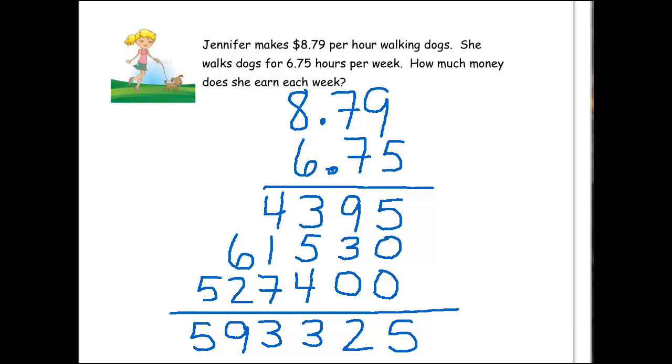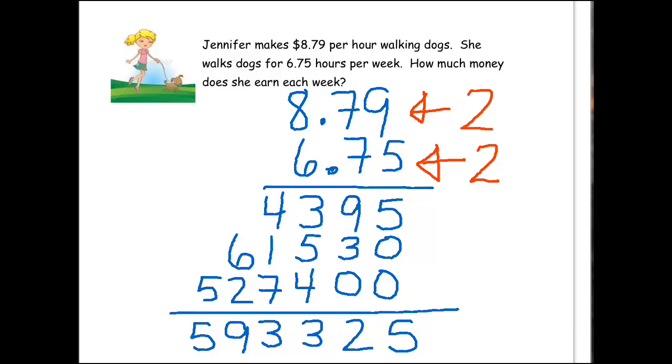We have a really large number here, so we need to go ahead and place our decimal point. Because as much as Jennifer would have liked to have made $593,000, she probably didn't walking dogs. So we notice we have two numbers to the right of the decimal point in $8.79. We have two numbers to the right of the decimal point in the 6 3/4 hours that she walked dogs.